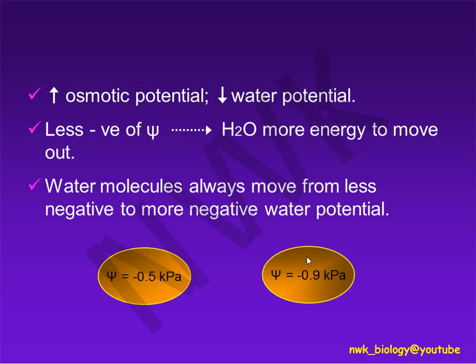So in conclusion, in the cell on your left, the water molecules can move freely since they have higher kinetic energy, since they have very little solute particles. So in conclusion, water molecules will always move from the less negative cell to the cell with more negative water potential.